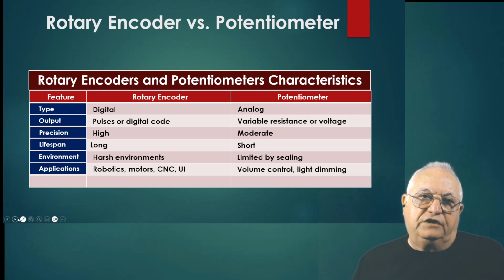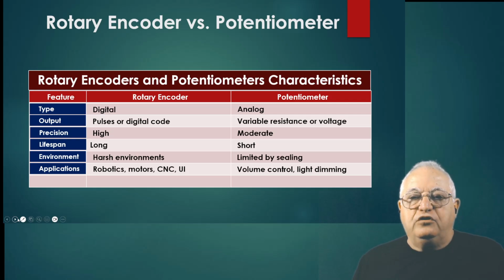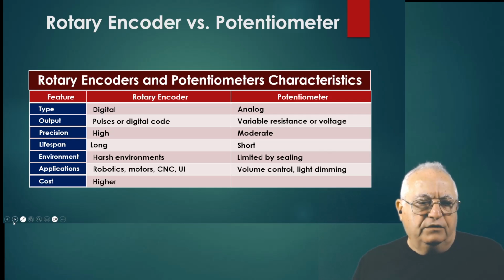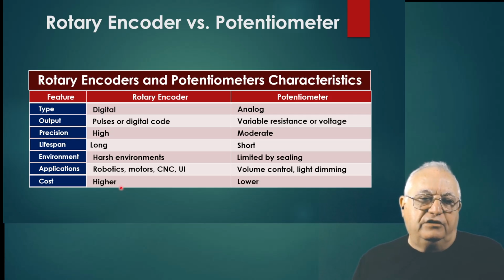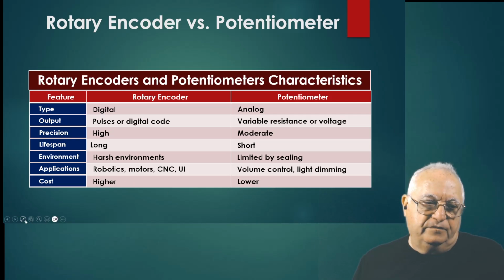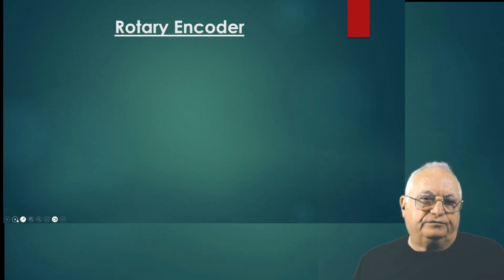On the other hand, potentiometers are for volume control, light dimming. When it comes to cost, the rotary encoder is higher than the potentiometer. So anyhow, at this point, I'm going to switch to talk about only the rotary encoder and how to program it.